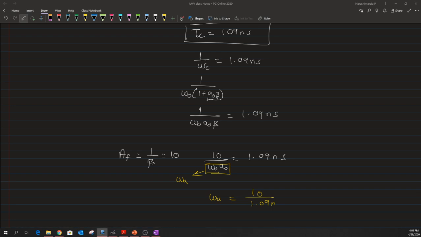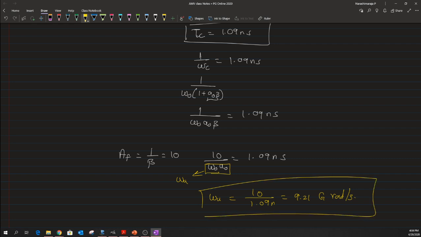If you try to evaluate this value, I guess it is closer to a value of 9.21, or 1, and it is in gigaradians per second.